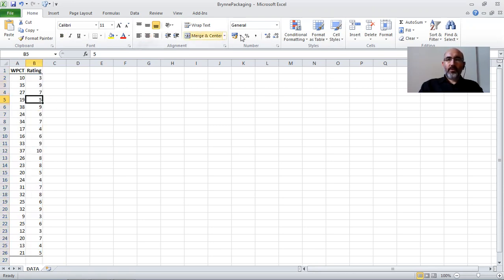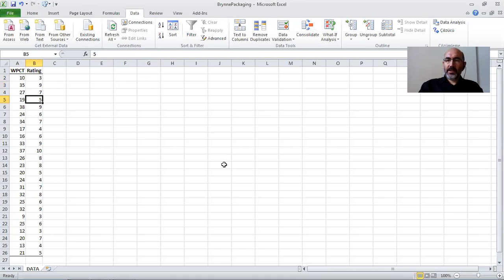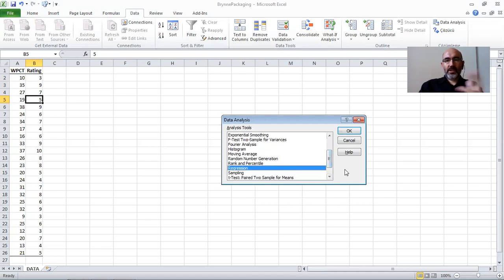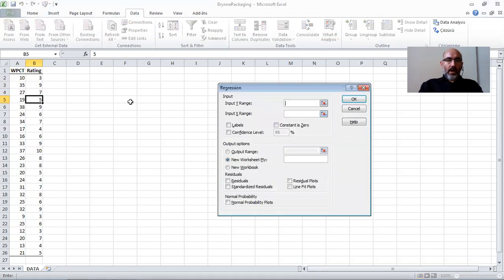So for this reason, I'll go to Data, and my Data Analysis Toolpak is already installed, and I want to use regression analysis. There is no distinction between simple or multiple. For multiple, you just have to choose the columns. Input Y range, I will use this.